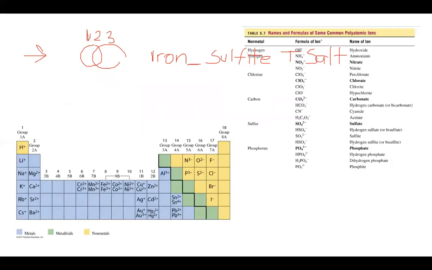okay? So if we go back to this slide, we can see that iron can take 2 charges. It's either +2 or +3. We always have to remember that when we have neutral compounds, meaning that we do not have a charge on them, the sum of the charges must be equal to 0.